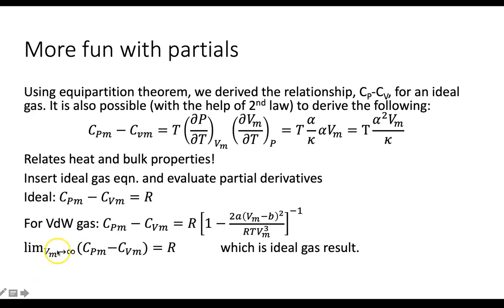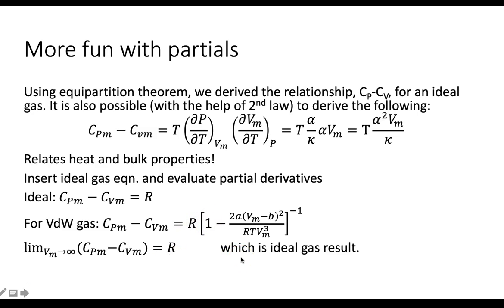But if we take the limit as the molar volume expands to infinity, or to larger molar volumes, what happens? It no longer acts like a van der Waals gas. If you do that limit that you learned in calculus, you'll see this goes to R, which is the ideal gas result.